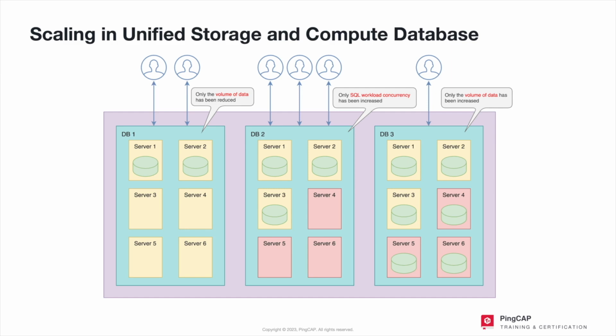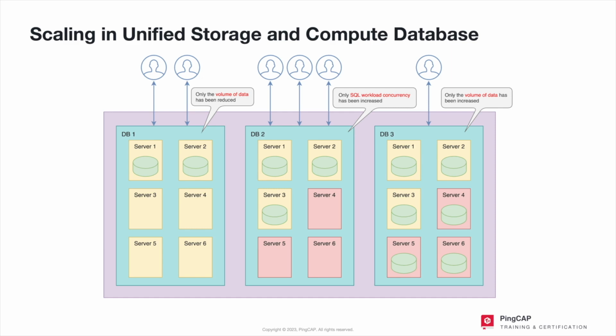Let's assume that in our compute and storage integrated system, DB1, the amount of data has decreased to 1/3 of its original size. If the server is removed because the data has decreased, it will lead to a reduction in computing power and a decrease in the number of CPUs allotted to other tenants.